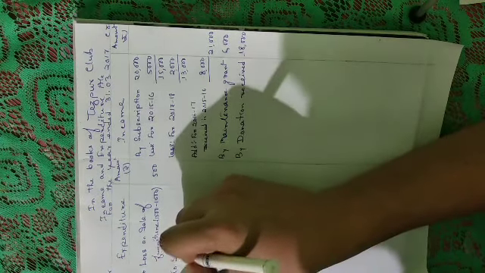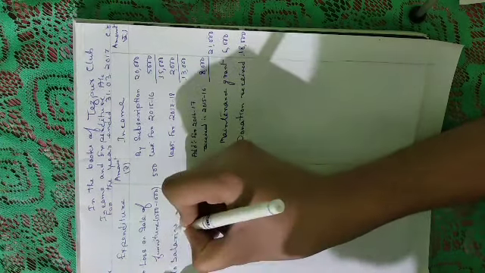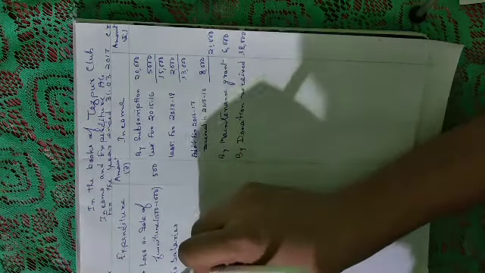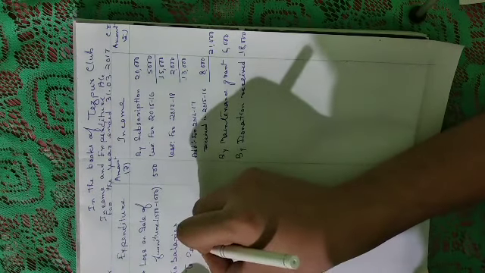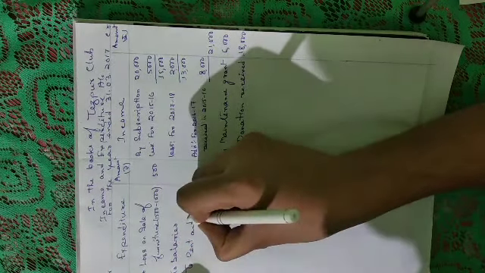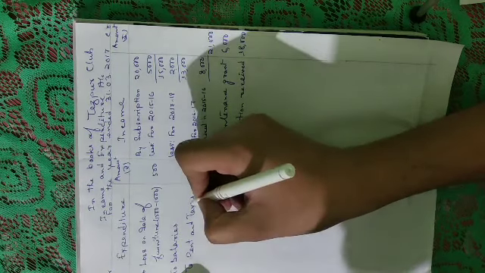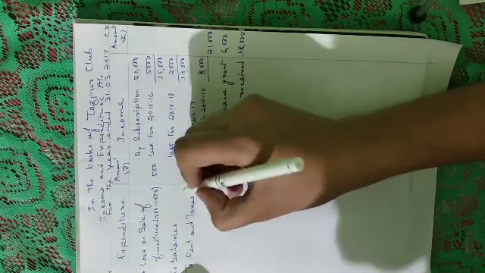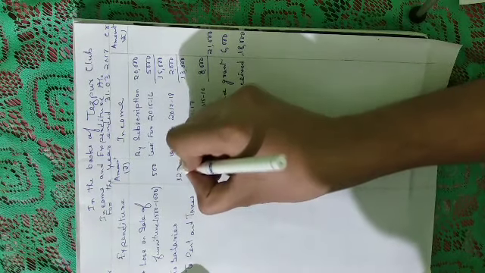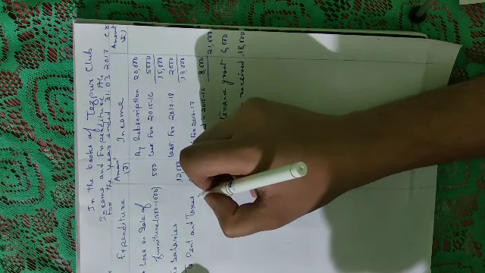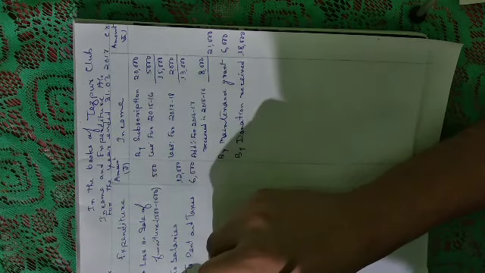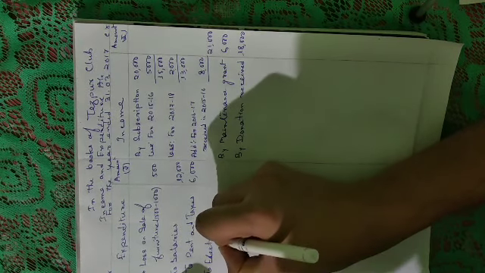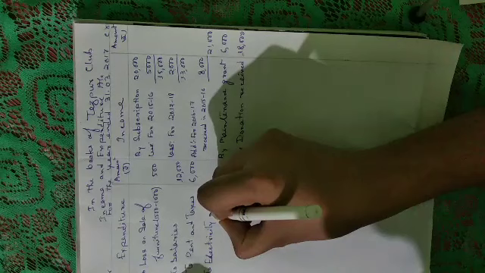So to salaries, and next, rent and taxes. Amount is rupees 6,000 for rent and taxes, and for salaries it is 12,000. Next, electricity charges.